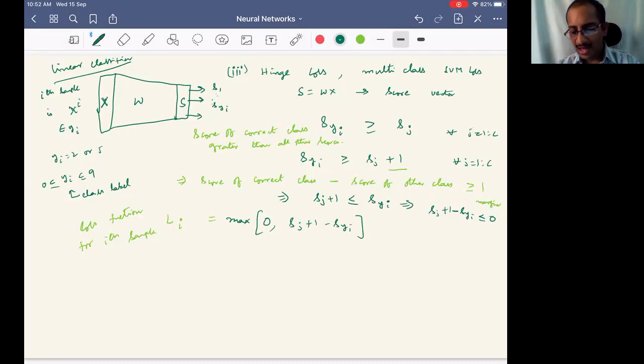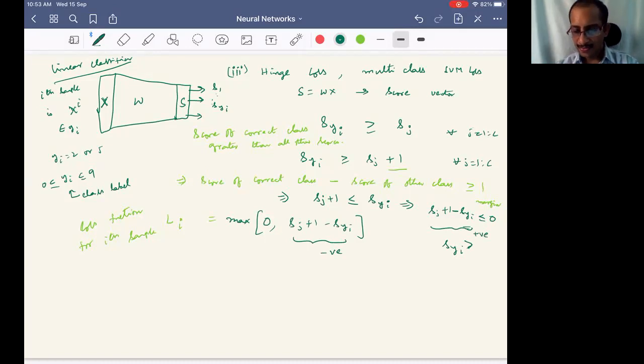What I'm saying is, if this is negative, no issue. In that case, we have a good margin. Then absolutely there is no problem. But in case Syi is greater, that means if this is positive, it means what? We are crossing, we are already going away, this is not correctly classified.